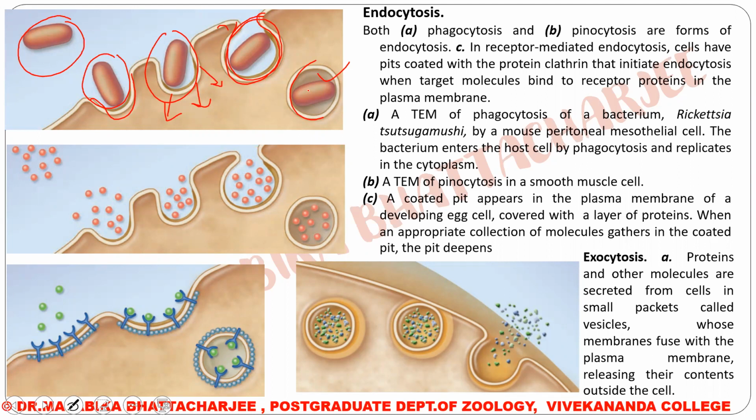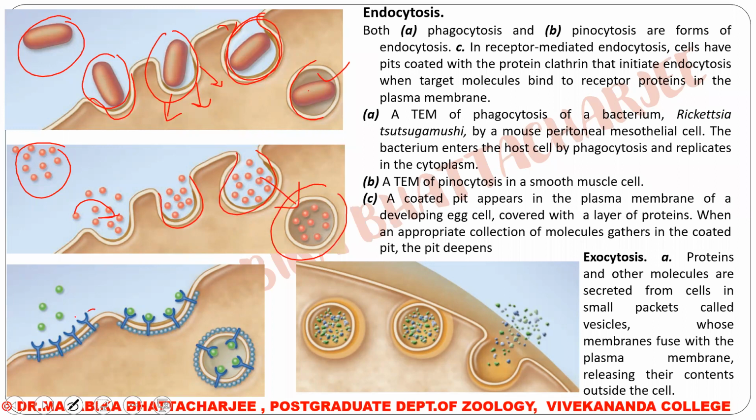We have engulfment of smaller particles also. See, these are small particles. They have come in. The plasma membrane is pinching in. It is further moving inward. And finally, the plasma membrane has pinched in to form a vesicle. There are sometimes receptors which help in endocytosis.